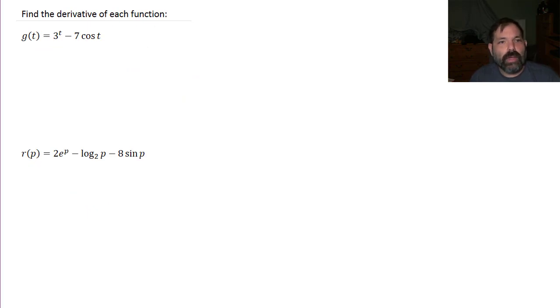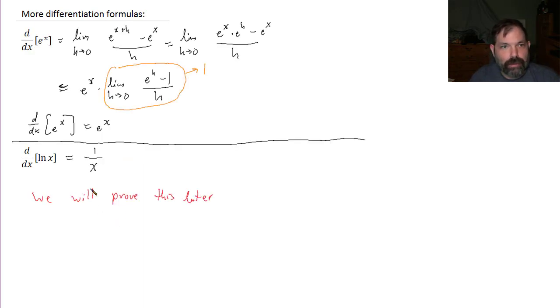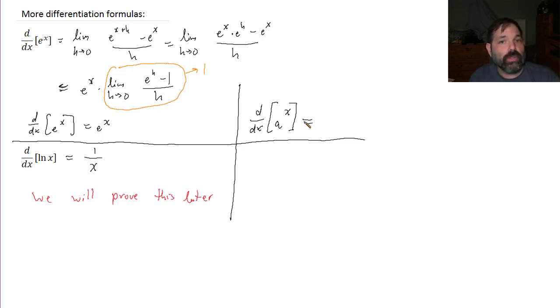All right, so find the derivative of each function. Let me go back, as I didn't mention this. The derivative with respect to x of e to the x is e to the x. Now, if we wanted the derivative with respect to x of a to the x, then it follows a slightly similar pattern. This ends up being, and I won't prove this right now, a to the x times the natural log of a.